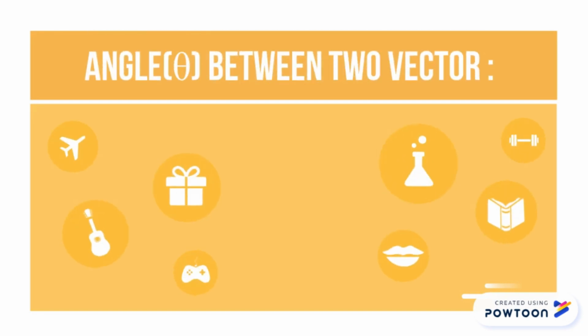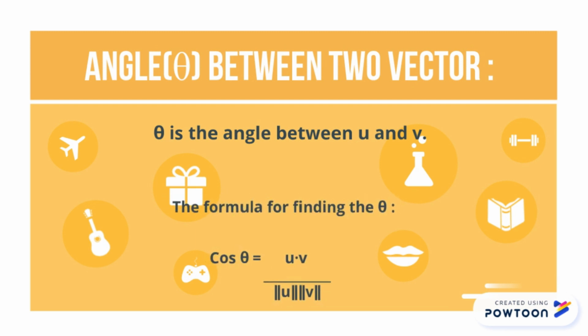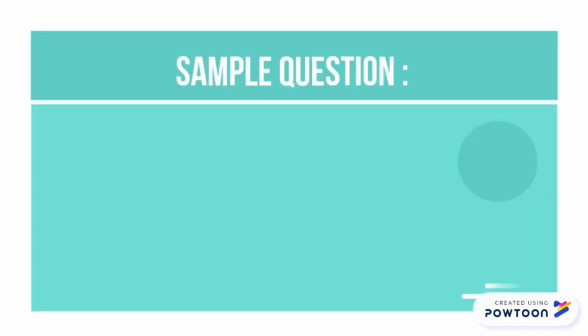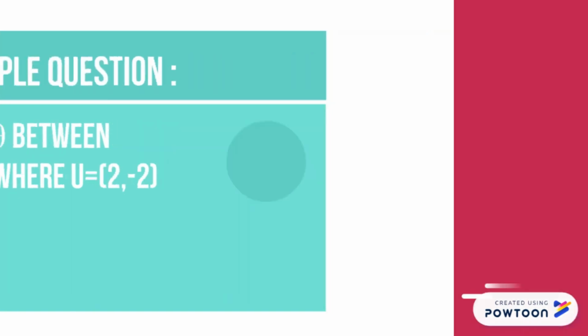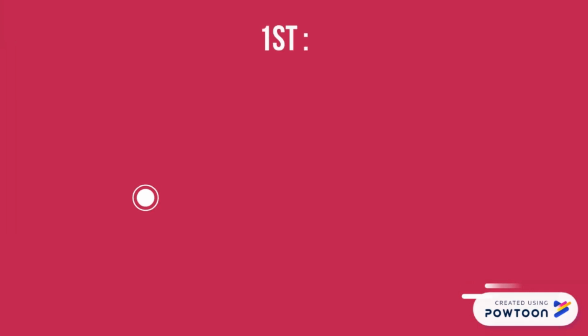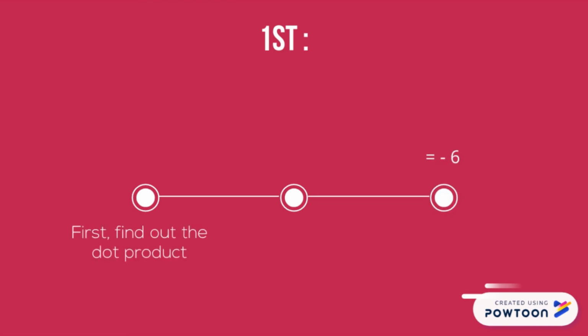After that, below is the formula for angle between two vectors. This is a sample question about finding the angle between two vectors. As for the first step, we should find out the dot product between the two vectors.